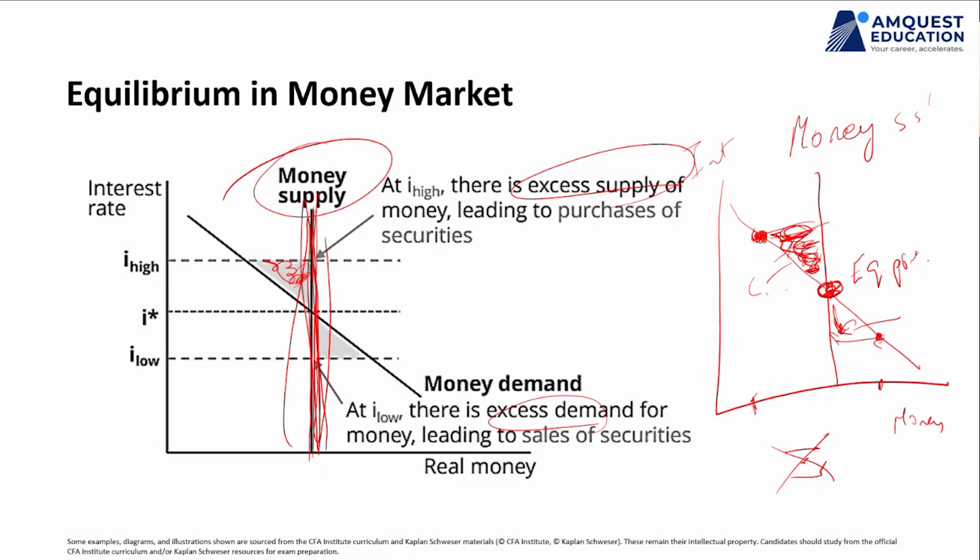Money supply is a flat line because every bank of every country will maintain the same supply of money no matter what. So money supply in all the developed countries is always fixed no matter what. That is a norm, a rule.